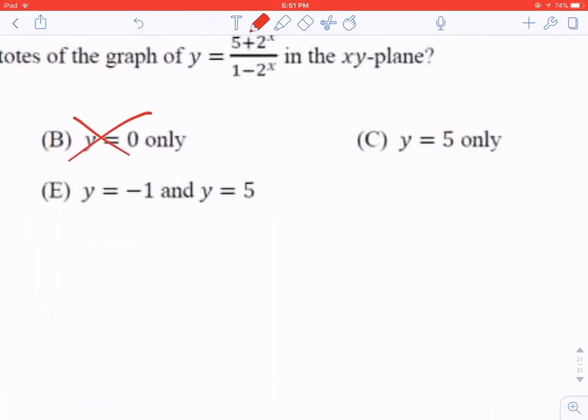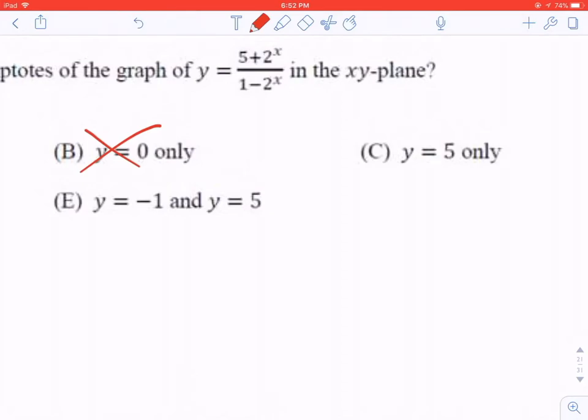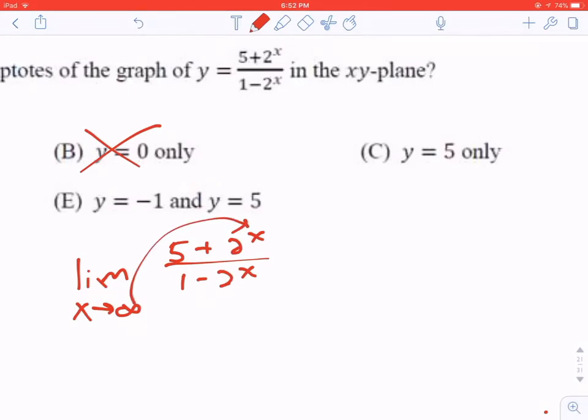So now let's look at the same problem and see what happens as it goes to the right forever. Now the problem I have is if I put infinity in for this, that's going to be 5 plus infinity, and the denominator is going to be 1 minus 2 to the infinity, which is infinity.